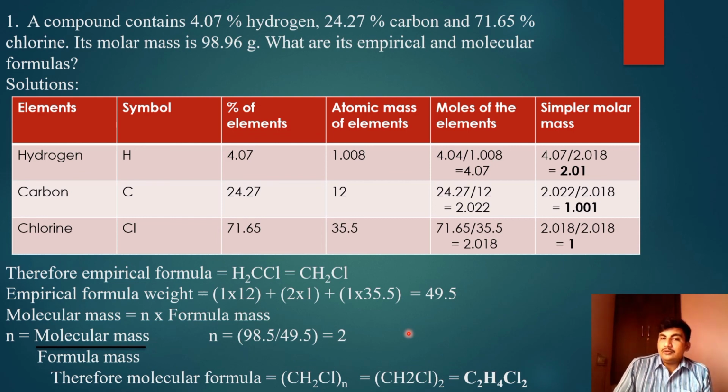What is the n value? That is 2. Therefore the molecular formula we can represent as (CH2Cl) subscript n, that is (CH2Cl)2. Multiplying, we get C2H4Cl2. C2H4Cl2 is the molecular formula of this compound.